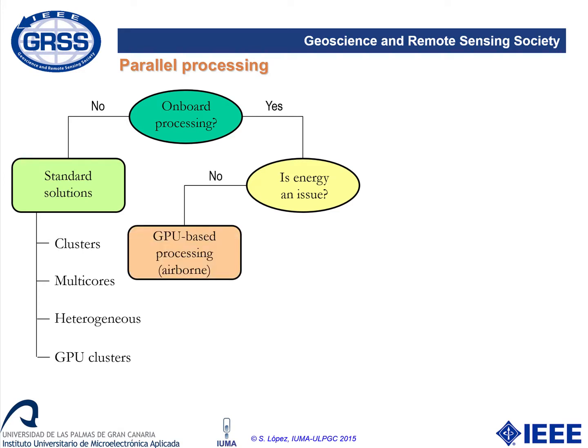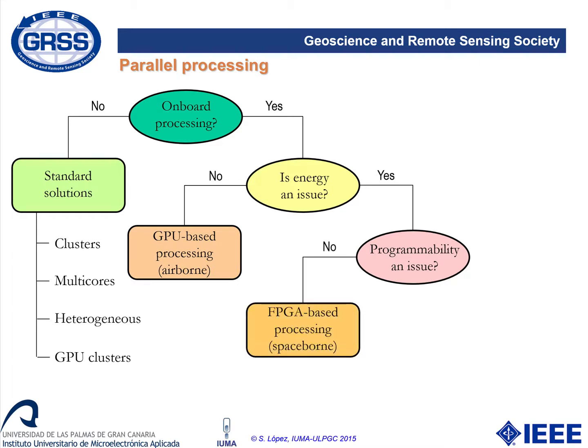If not, for sure, one of the best solutions right now are GPUs. They are very cheap. They are also very powerful. So maybe for an airborne solution, it is one of the best options that we have right now. But if energy is an issue for you, then maybe what you have to ask yourself again is: is programmability an issue?